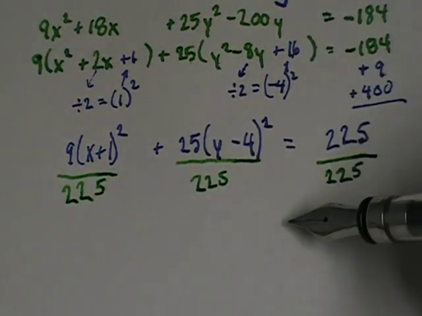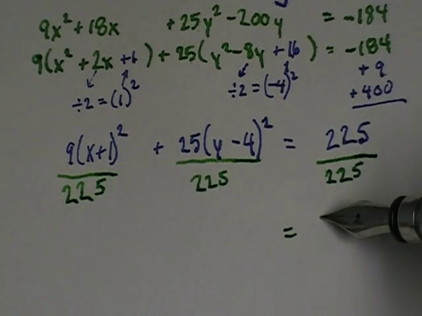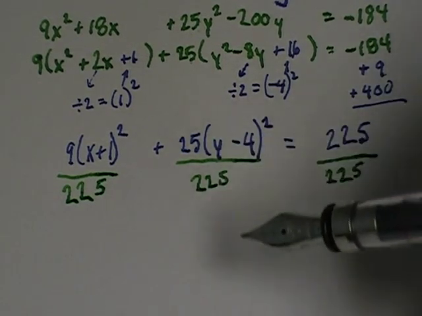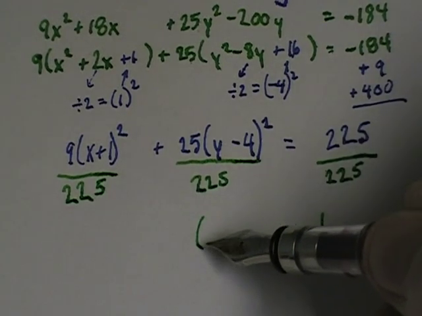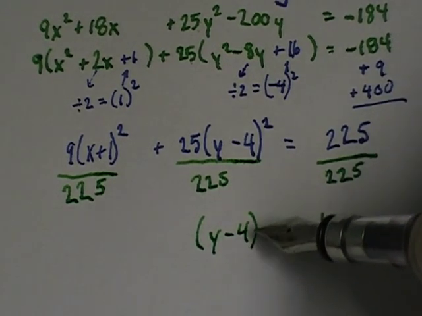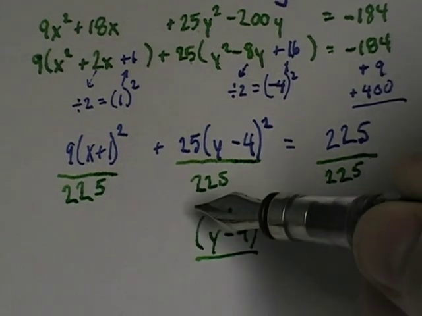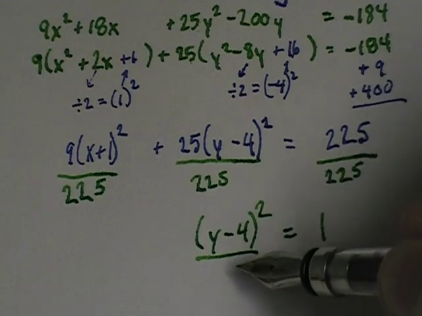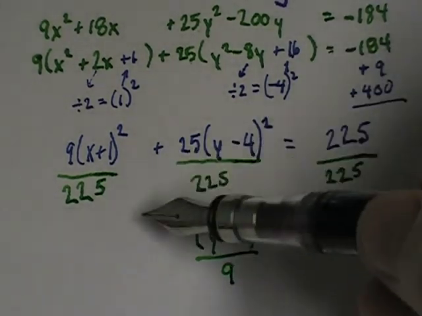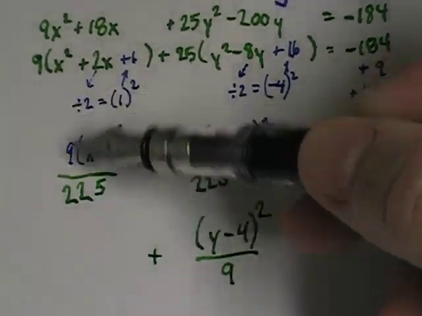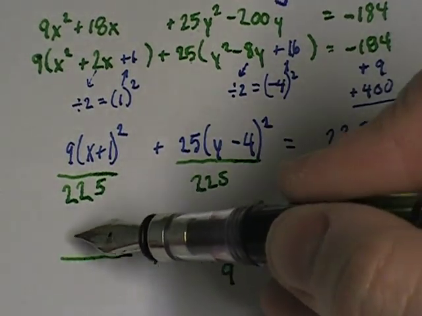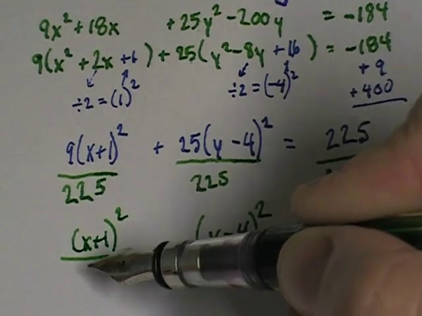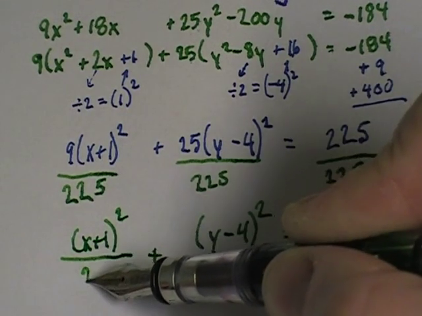Now, the easy one, 225 over 225 is 1. 25 over 225 reduces to 1 over 9. And this one, 9 over 225, reduces to 1 over 25.